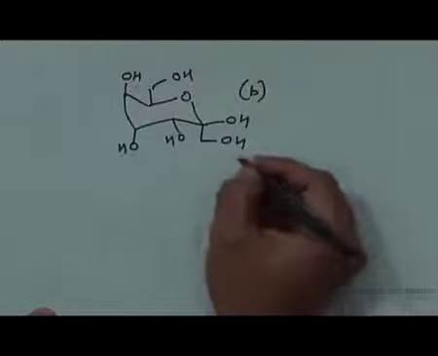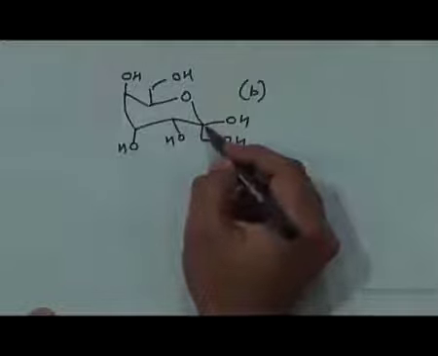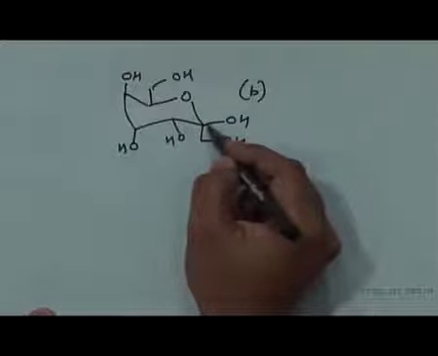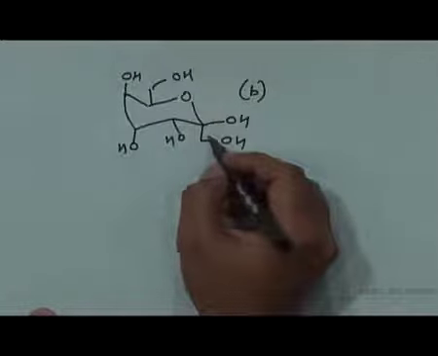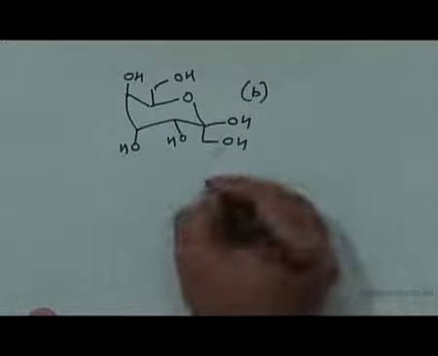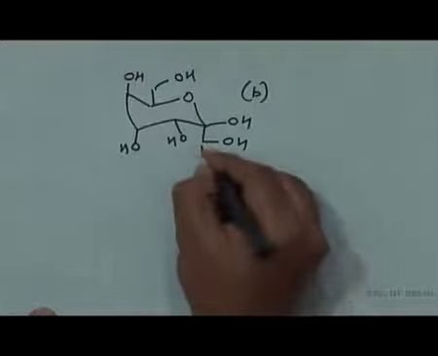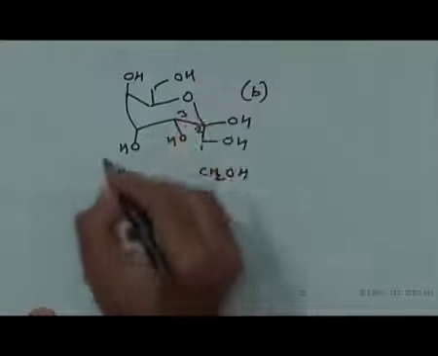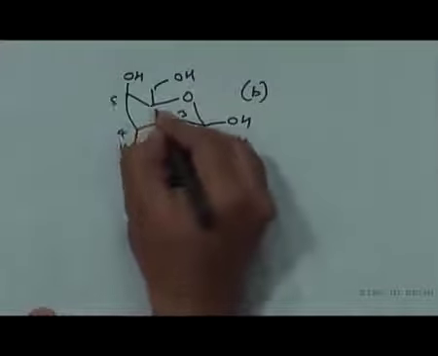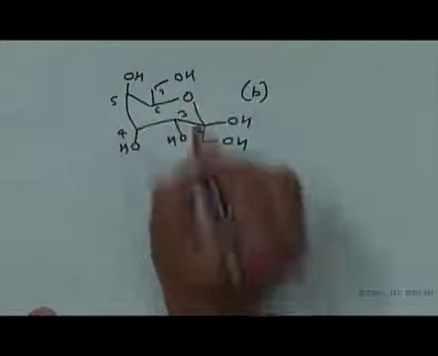So, what I am doing is opening this carbonyl carbon which reacts with the 5 position hydroxyl group. So, I will put the CH2OH, this is first, second, third, fourth, fifth, sixth and seventh.